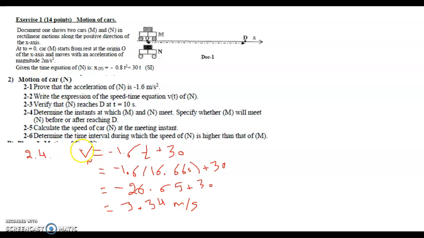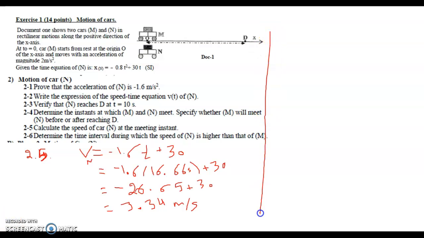Determine the time interval now. This was 2.5, not 2.4. Now 2.6. Determine the time interval during which the speed of N is higher than that of M. Now we need to find the speed.